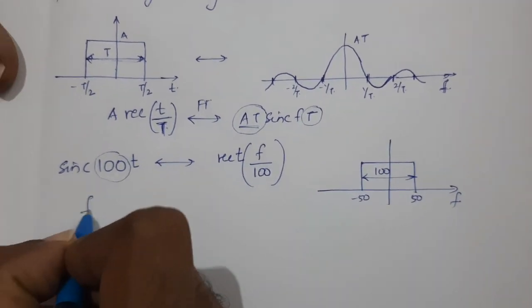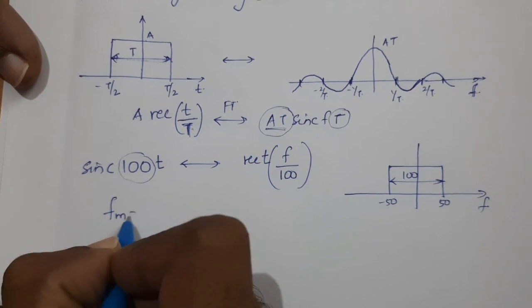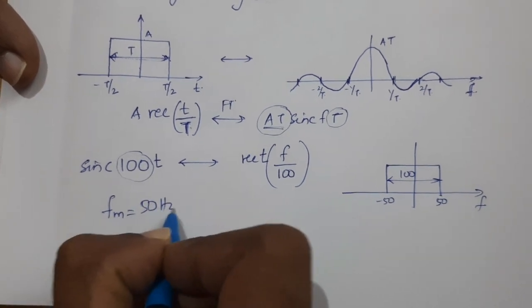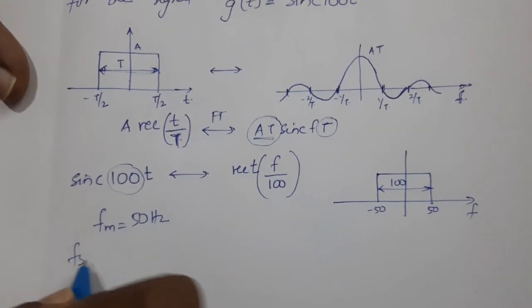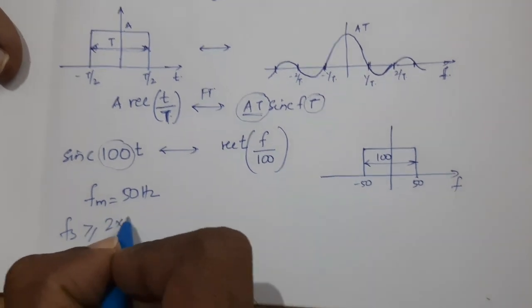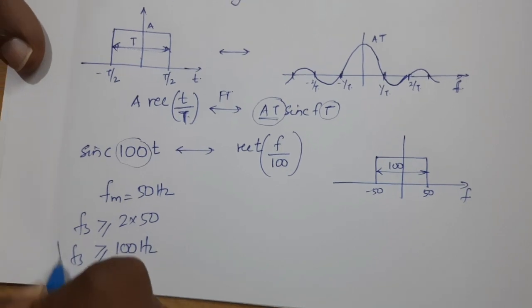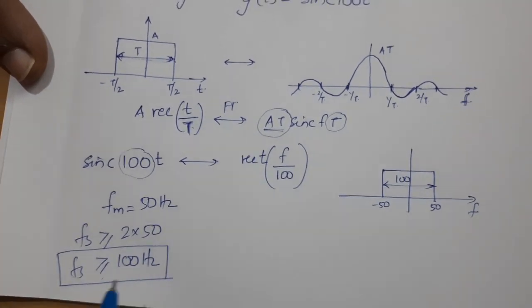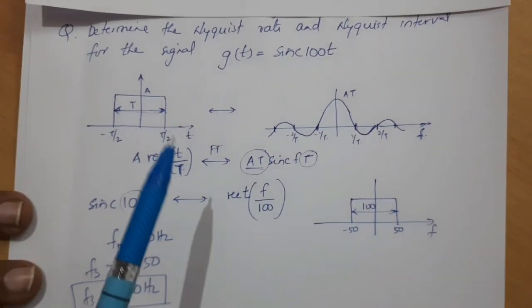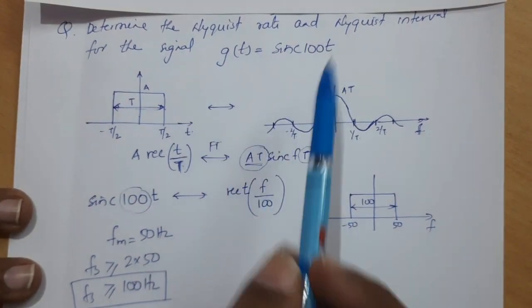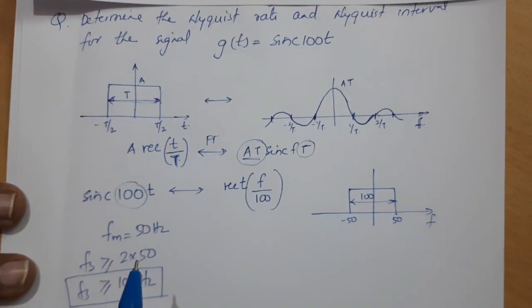So here fm equal to 50 Hz. Now the sampling frequency should be greater than or equal to 2 into 50, or greater than or equal to 100 Hz. So it will be much easier if you convert this type of problem to the frequency domain.